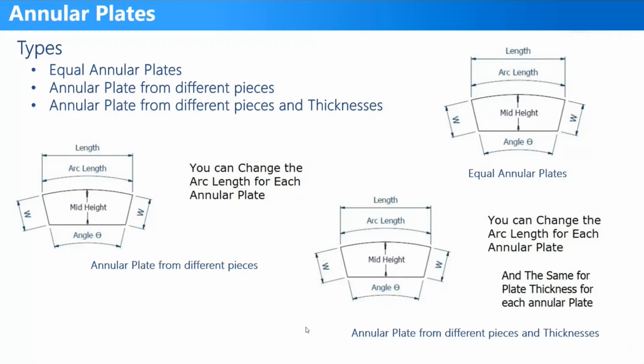Another type, if you would like to define a separate thickness or a separate arc length for each annular plate, so you can control each annular plate separately. In that case, you can select the suitable type in SEG that gives you the ability to define each annular plate separately.